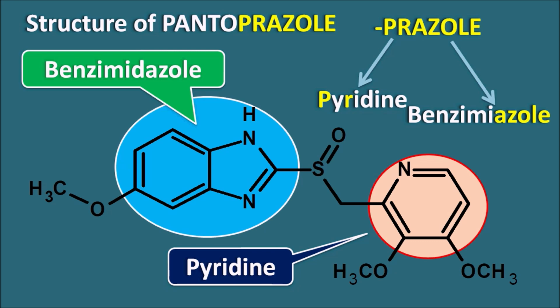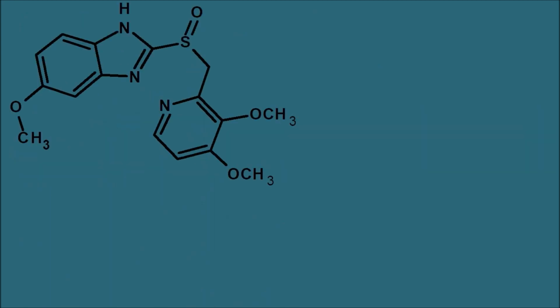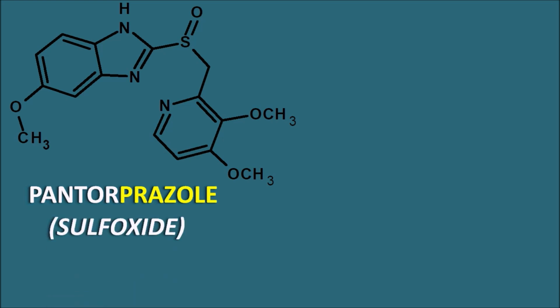But here pantoprazole is not an active drug and it requires bioactivation. Once it is administered into the body, within the gastric parietal cells, it is converted to an active metabolite, which is actually responsible for the inhibition of the proton pump. Now let us represent the pantoprazole structure like this. Here pantoprazole has the sulfur attached with the oxygen by a double bond, so it is a sulfoxide.